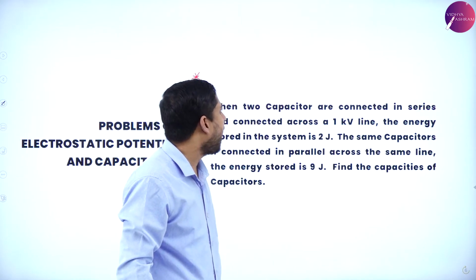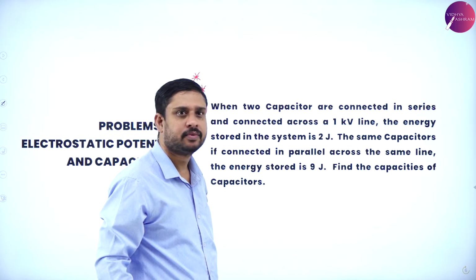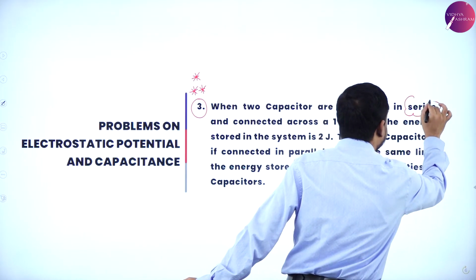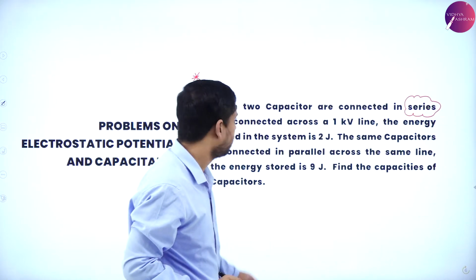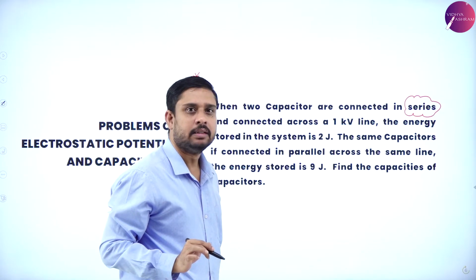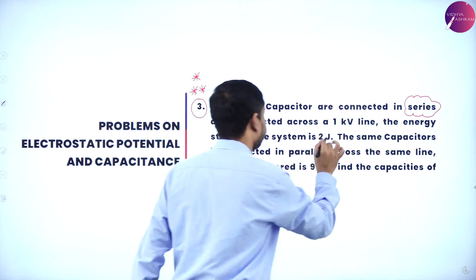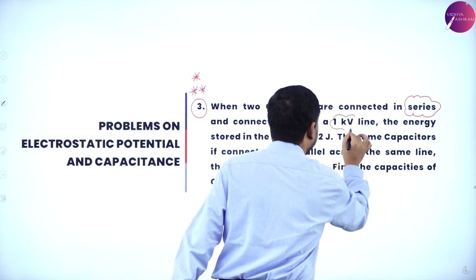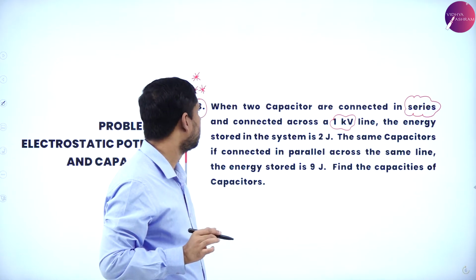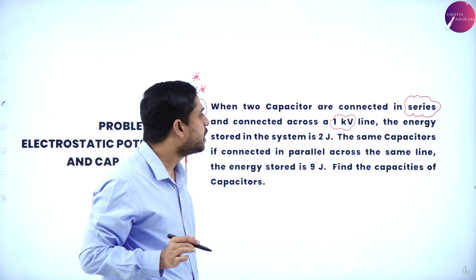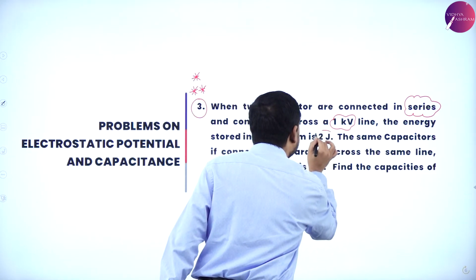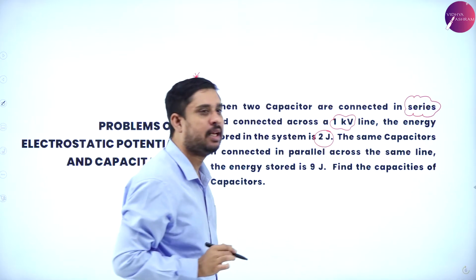When two capacitors are connected in series and connected across a 1 kilovolt line, the energy stored in the system is 2 joule.